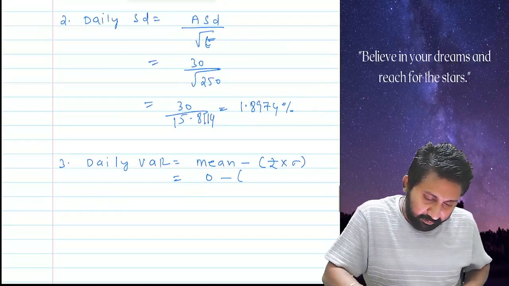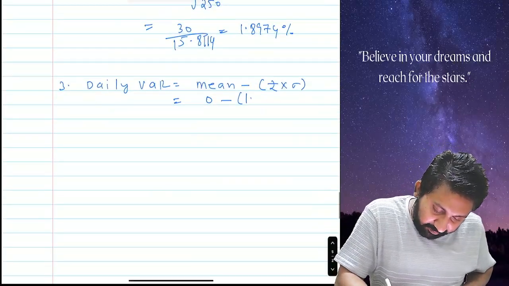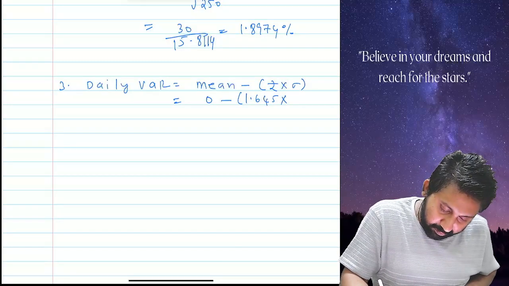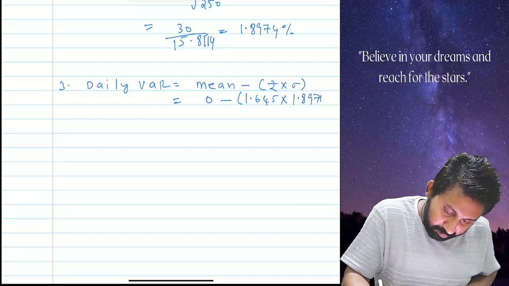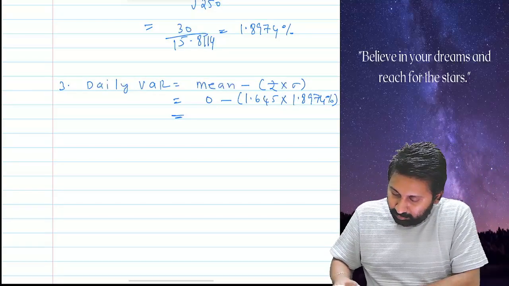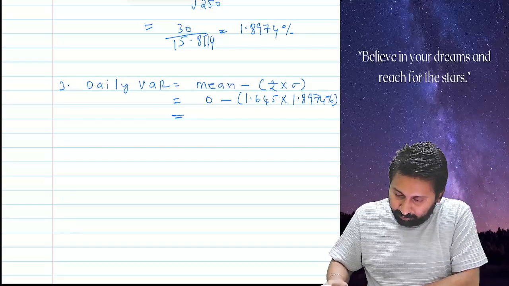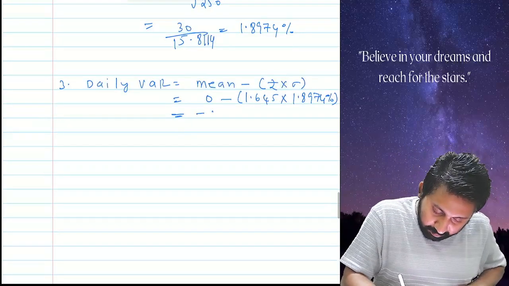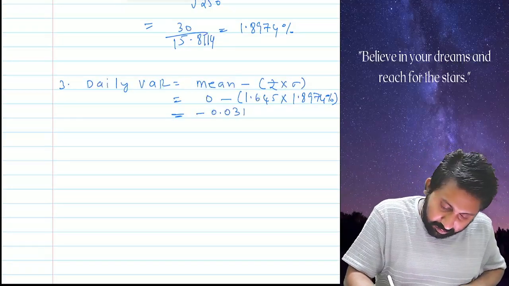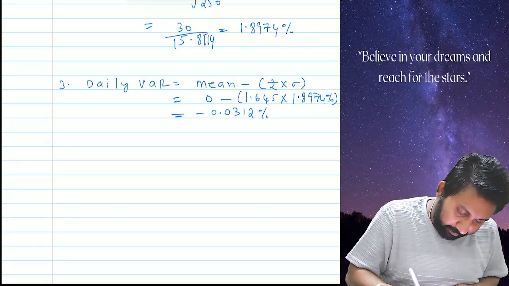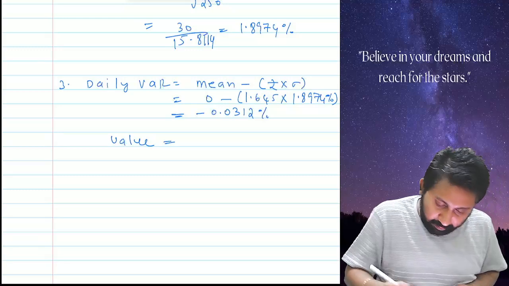Z value 1.645 into, multiply, 1.645 into 1.8974% minus 0.0312% in value.